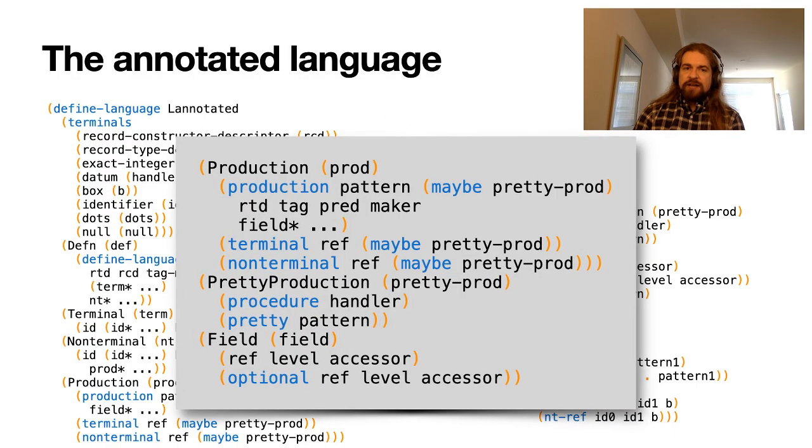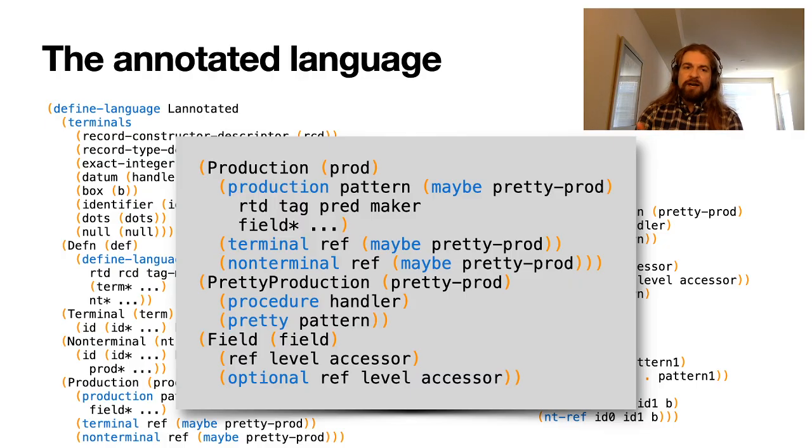The productions got a little bit more complicated and they reflect our internal syntax a little bit. So we have productions, which are pattern productions. They potentially have either a pretty pattern or pretty handler production. This is something that might change. I might just roll the maybe into the pretty production non-terminal here. They also have a list of fields.